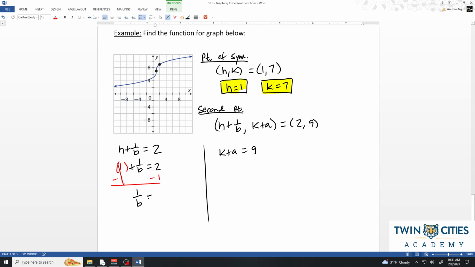One over b is equal to 1. So that means that b equals 1. Okay, over here, k equals 7. So let's plug that in. 7 plus a equals 9. We'll subtract 7 from both sides. This gives us a equals 2.